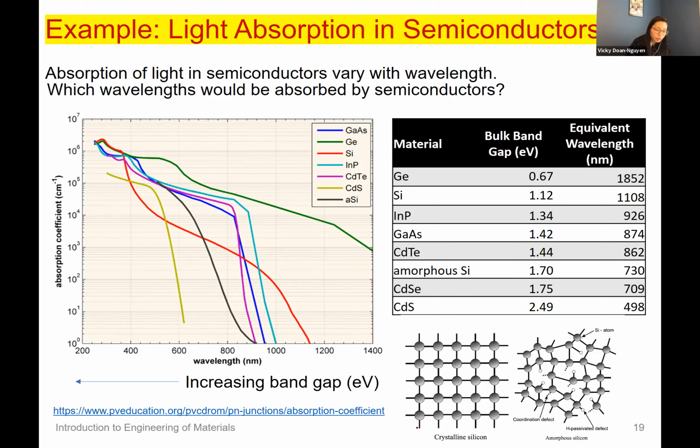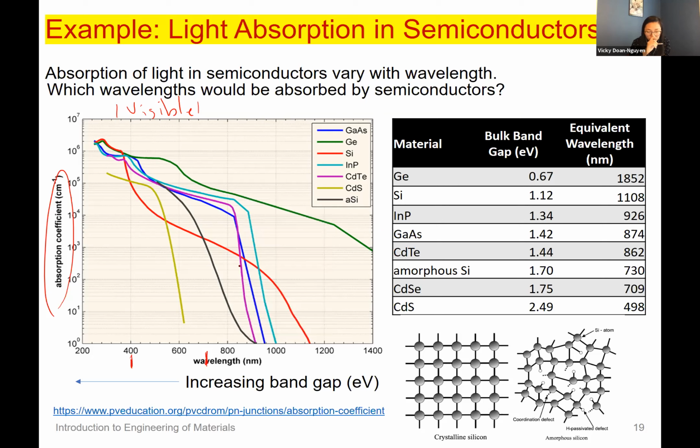But what you see here is the absorption coefficient. So how much of that incident photon is going to be absorbed. If we look here, here's the visible, right? It's 400 to about 700. So this is going to be the visible range of light. So that means if you have some semiconductor, let's say we take germanium, or we take amorphous silicon here in black.